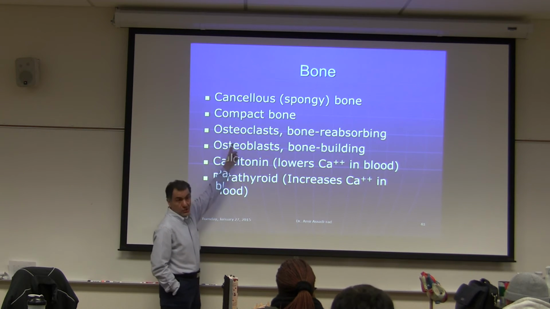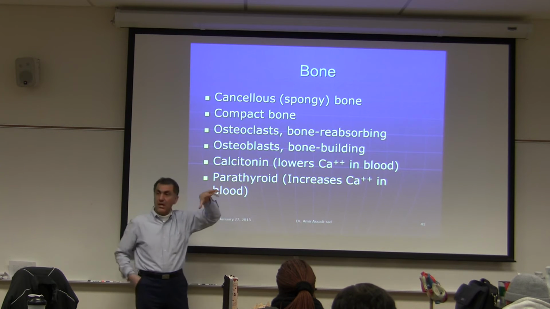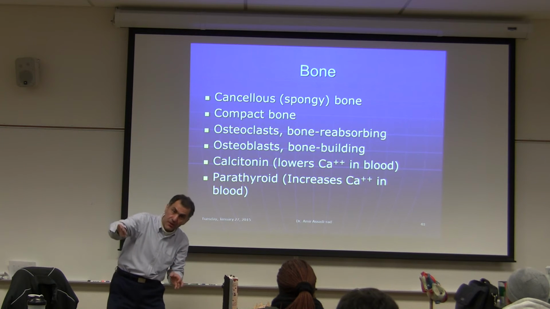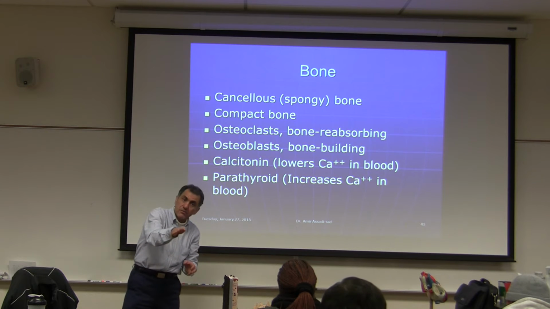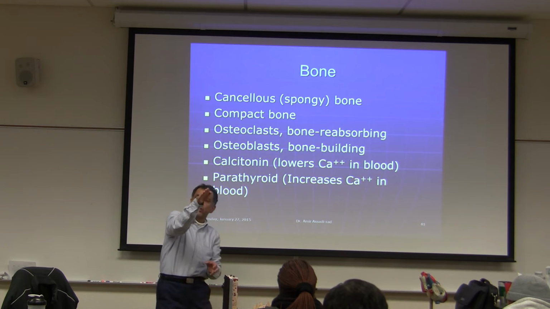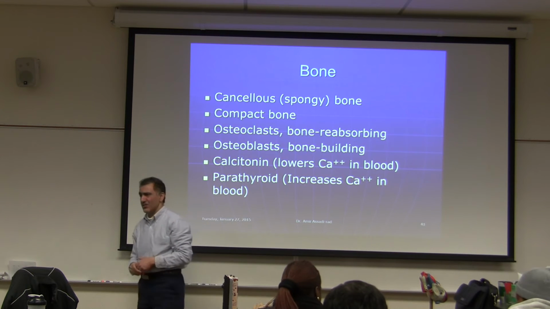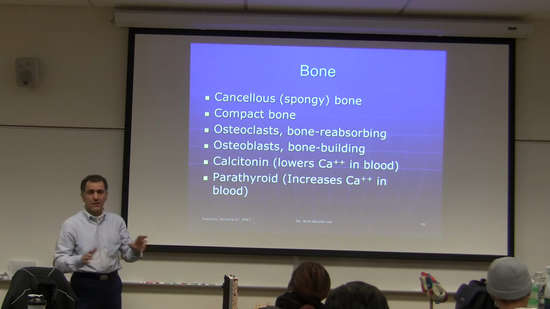It works with osteoclast. It tells osteoclast to start working to break bone down because the calcium level in your blood is low. The calcium level in your blood needs to come up. Our body can sense that. There are receptors in your cells and so on and so forth. That's cell biology material. We're not getting there.